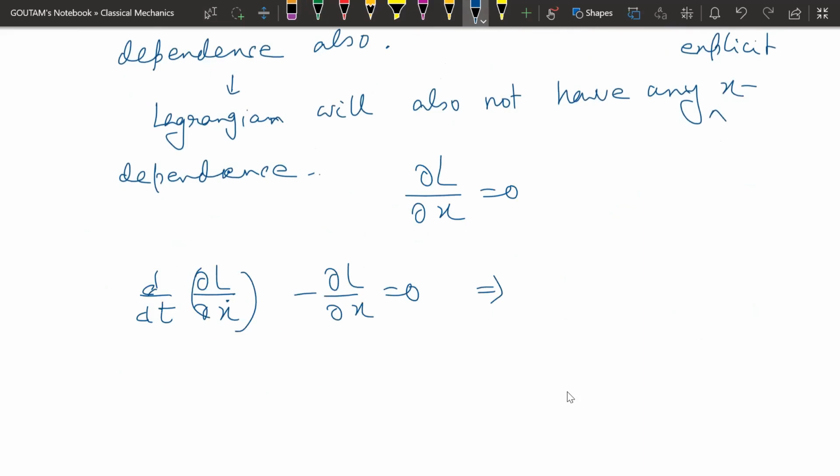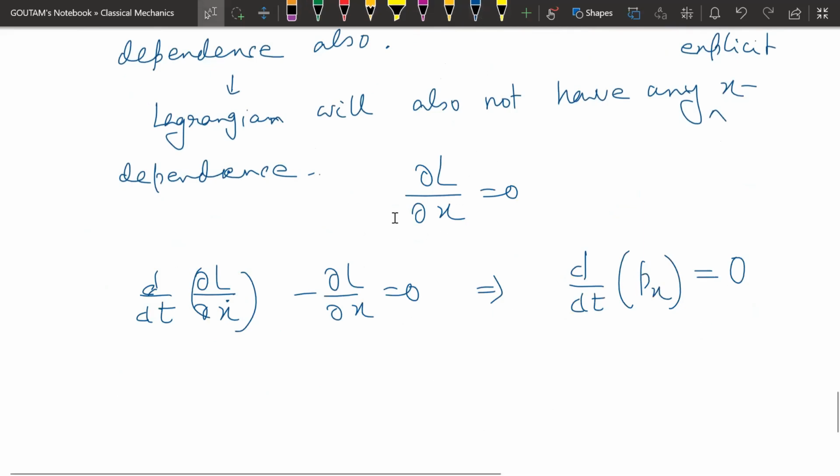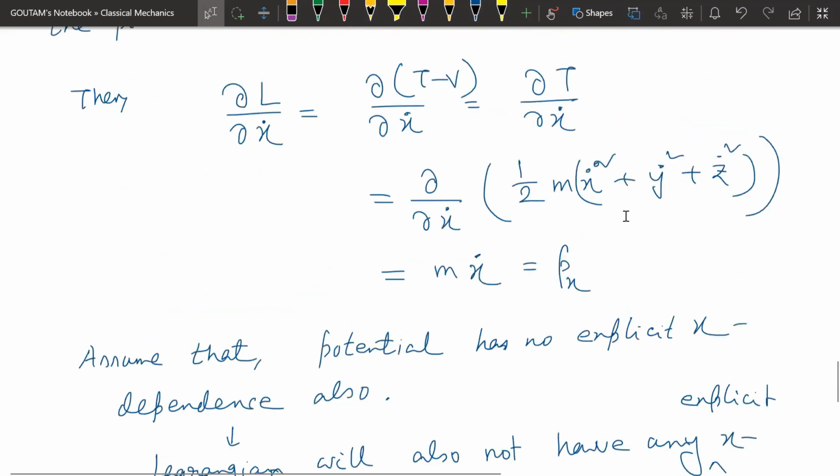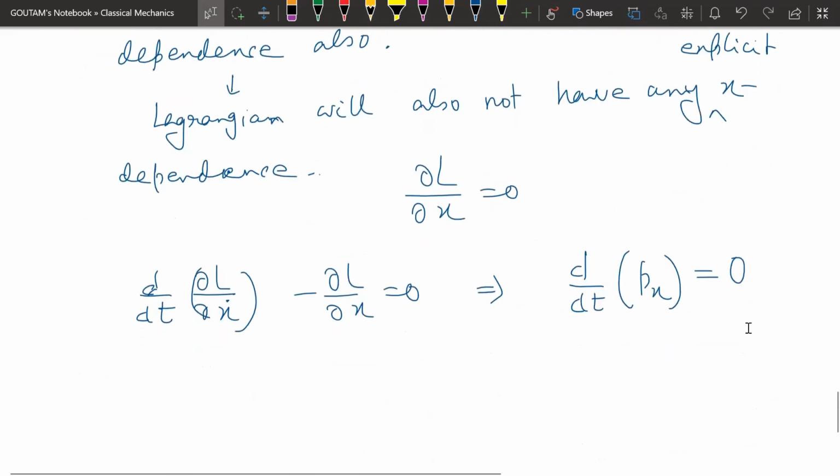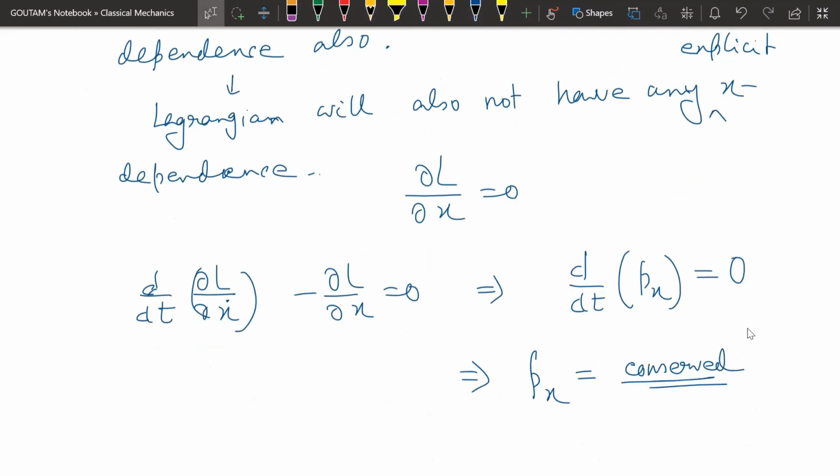It implies d/dt of px equals 0, because del L del x is 0 since the Lagrangian doesn't have any x dependence, and del L del x dot is the momentum along x direction. So we can write easily from here that it is conserved or constant.